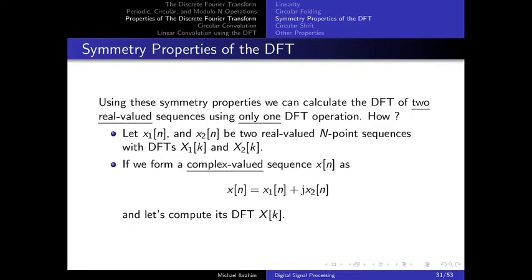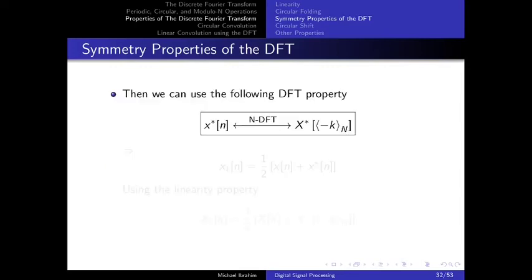And now we can compute the DFT of this x of n, x of k, using only one DFT operation. And now we can use the property, if you do conjugate in time domain, you will get circular folding and conjugate in frequency domain. So x1 of n is the real part of x of n, so it can be written as 1/2 x of n plus x conjugate of n.